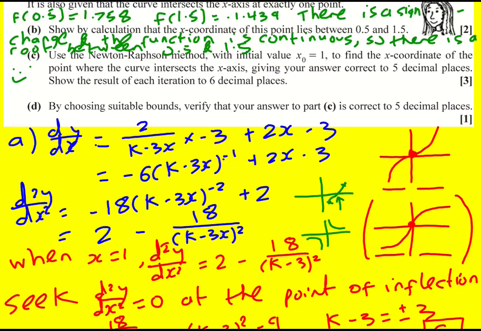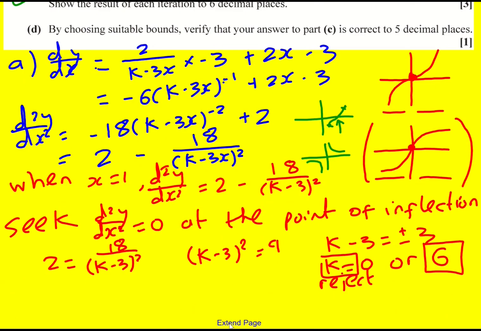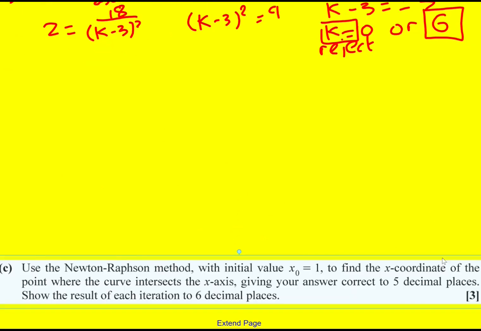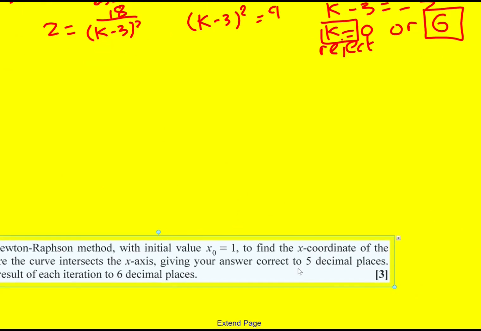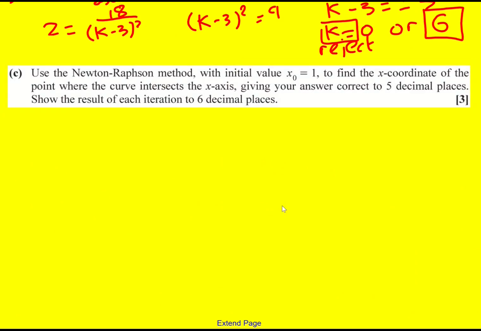Okay, so let's calculate this root, and the question's asked us to use the Newton-Raphson method. I'm just going to very quickly talk about where the Newton-Raphson method comes from. So let's say you've got a function that looks a little bit like this, and we want to find the root.